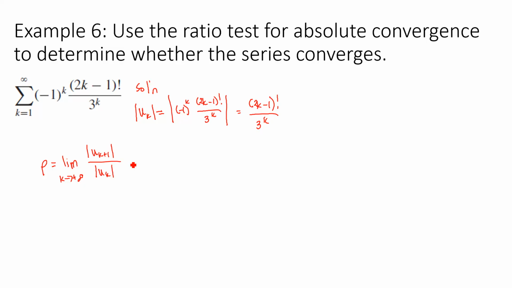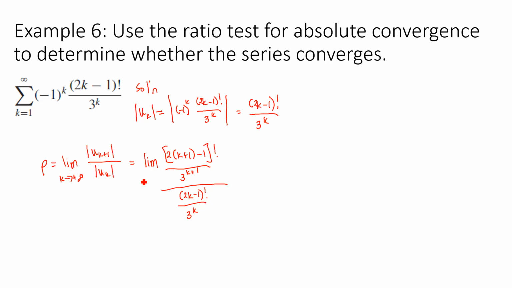Since this is 2k plus 1, what you have is the limit of 2 times the quantity k plus 1 minus 1 factorial over 3 raised to k plus 1, all over the quantity 2k minus 1 factorial over 3 raised to k.